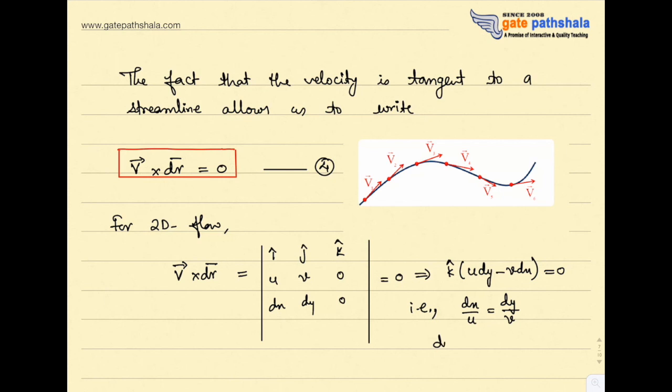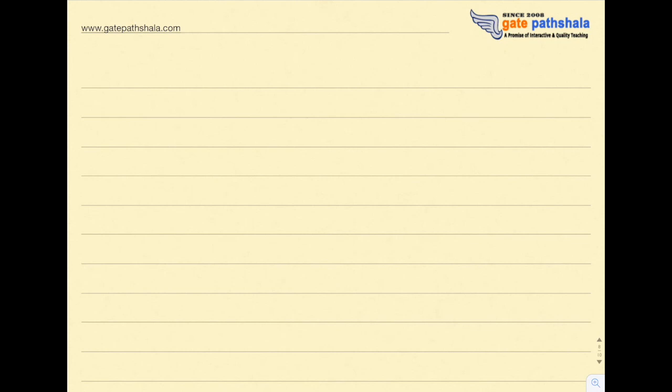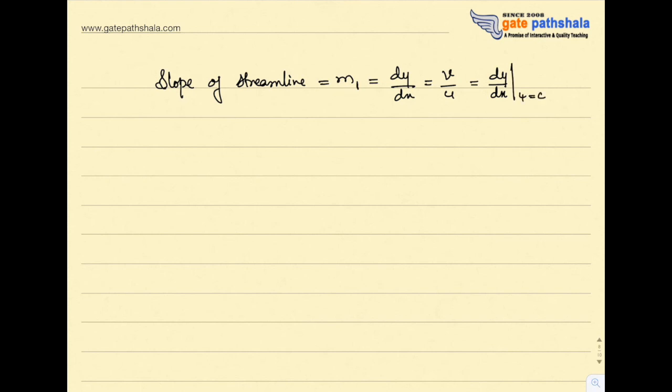If you recall, dy by dx with psi equals constant is also given by v by u. Let us denote the slope of the streamline with a variable m1, equal to dy by dx, equal to v by u, which is also the slope of the line with psi equals constant.